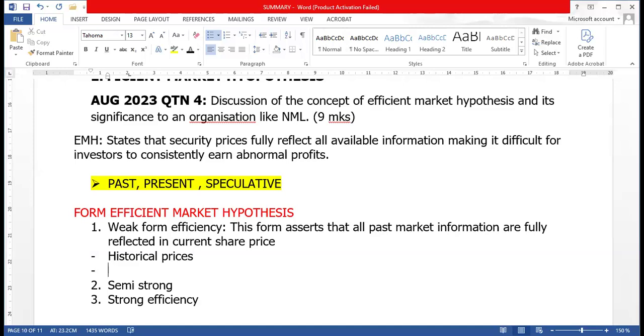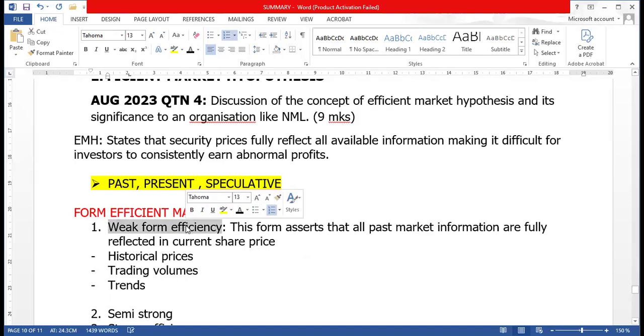You also look at, for example, the trading volumes, the sales volume, and any other trend. As long as you are relying on past data to come up with the price, then that kind of price will be in the form of what we call weak form efficiency.